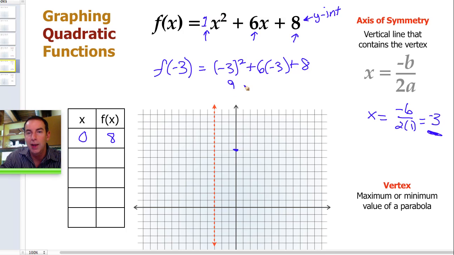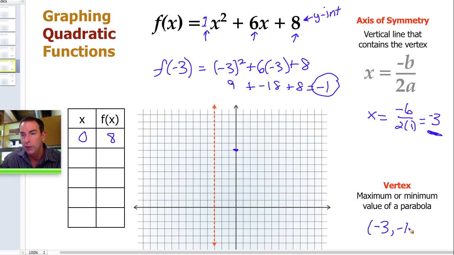Negative 3 squared is 9 plus negative 18 plus 8 equals negative 1. All right, so my y value of my vertex is negative 1. So I can write down here, I'll write it as an ordered pair, (negative 3, negative 1) is my vertex. All right, that's really useful. So I'm going to put that in my graph.